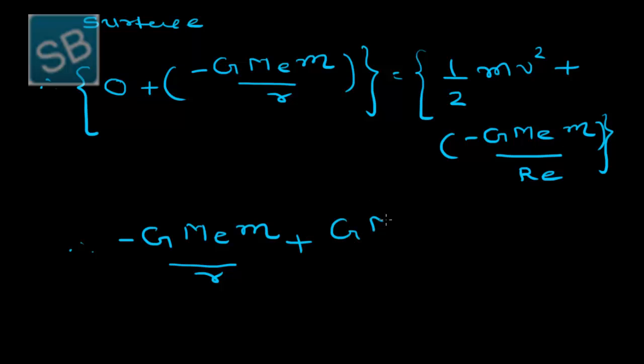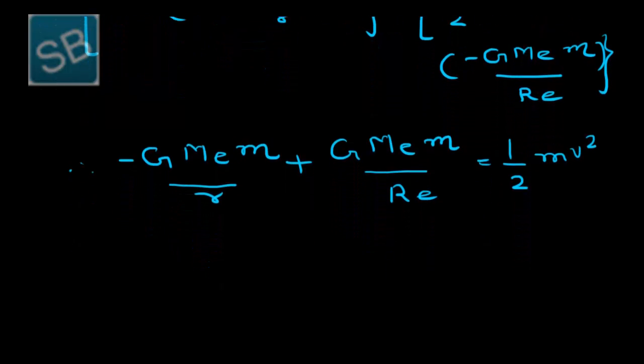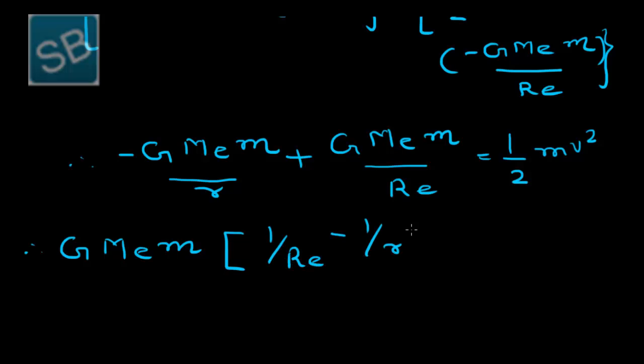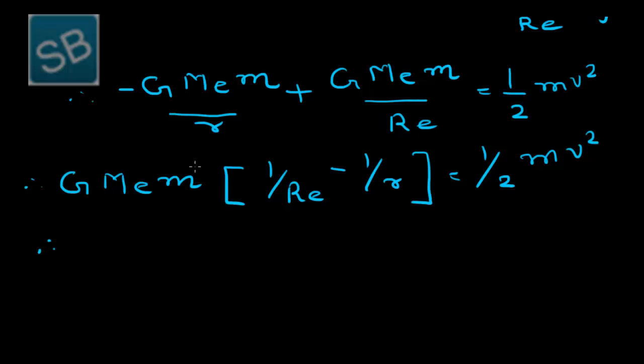So it will be plus G Me m over Re equal to 1 by 2 m v square. Now from the left hand side I can take common G Me m. So G Me m inside the bracket 1 over Re minus 1 over r is equal to 1 by 2 m v square, and therefore from both sides m is cancelled out.